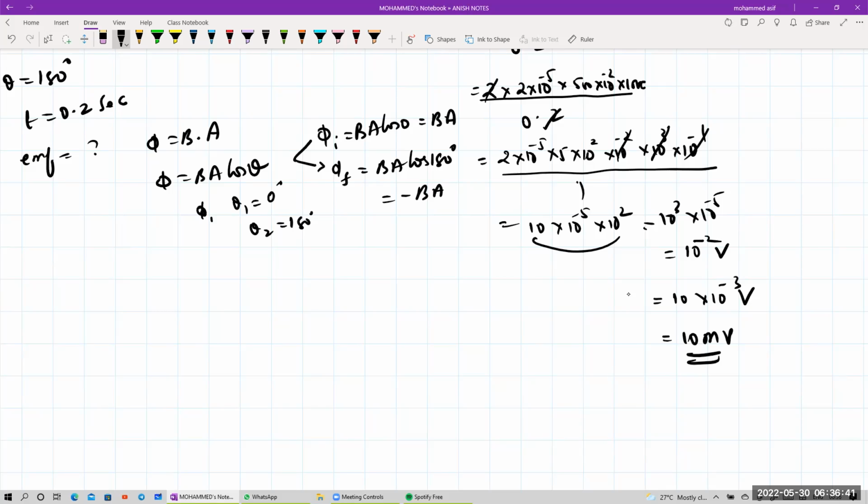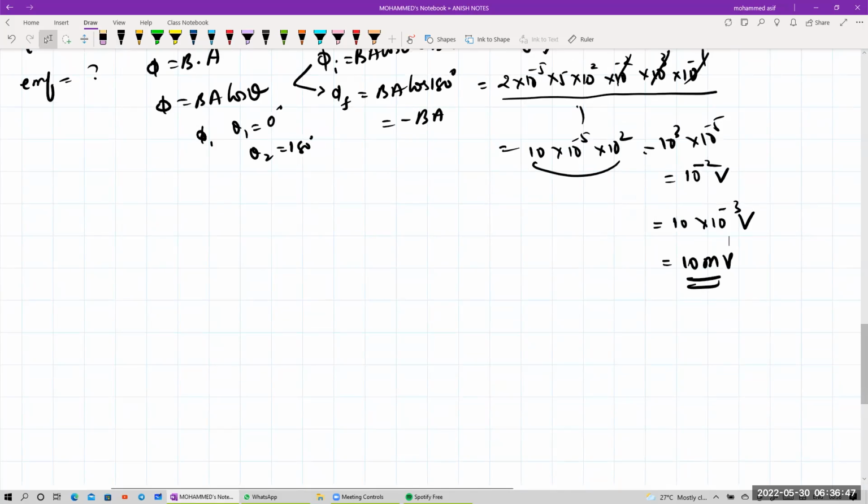Another one has been sent. A particle of mass m1 is kept at x is equal to 0. Here this one is x is equal to 0. We are keeping a particle of mass m1.